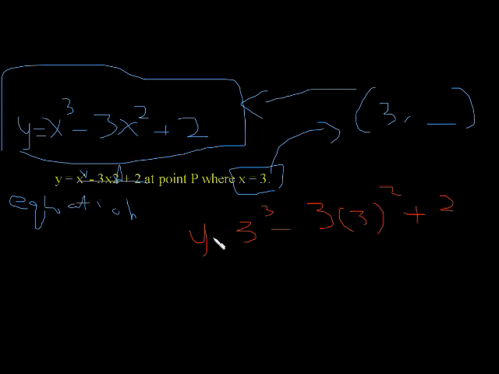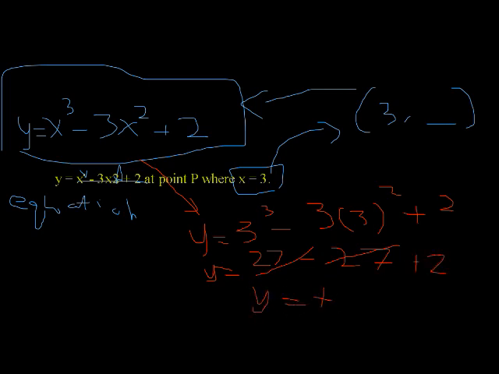This will be the value of y according to this equation when x is equal to 3. Let's do it. 3 cubed is 27, minus 3 times 9 is again 27. 27 minus 27, they both cancel each other out and we are left with plus 2, so y should be 2. So there we got the value of y to be simply 2.